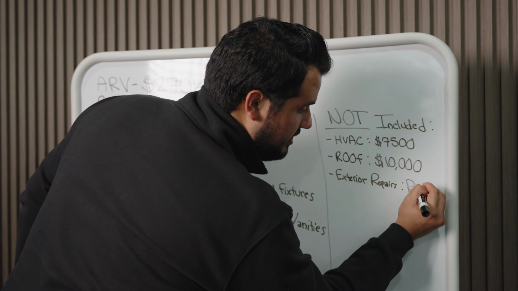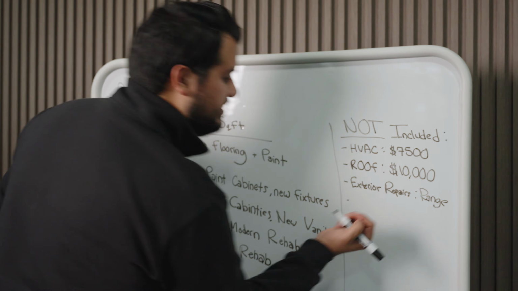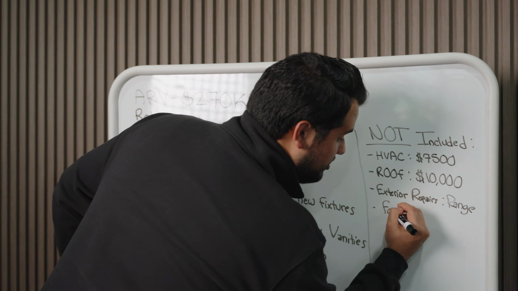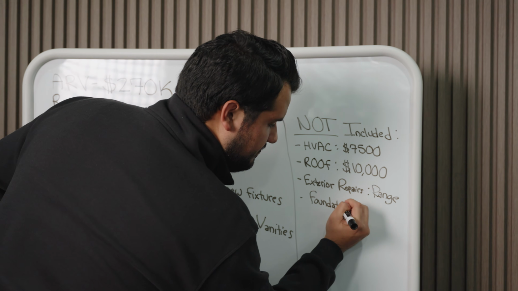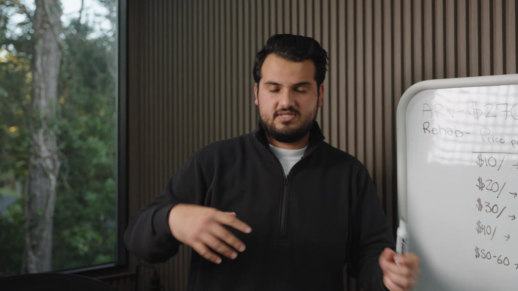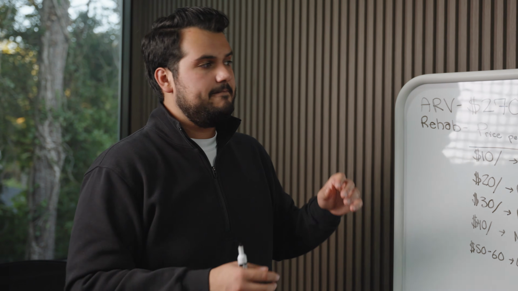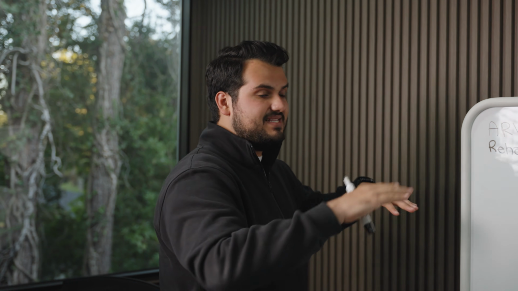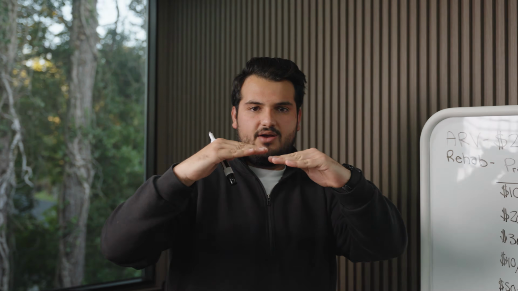So this ranges. What else isn't included is foundation. Let's say there are foundation issues with the home. How do you see foundation issues? Maybe we can have some examples as I'm talking about them so you can see what I mean. When there are cracks coming off door frames, that usually means settling of the house, which means the house is shifting, right?